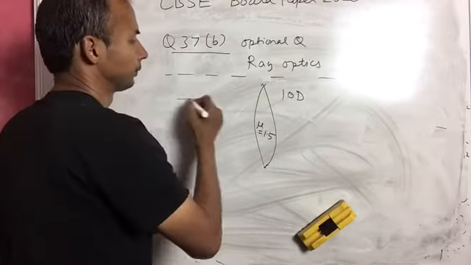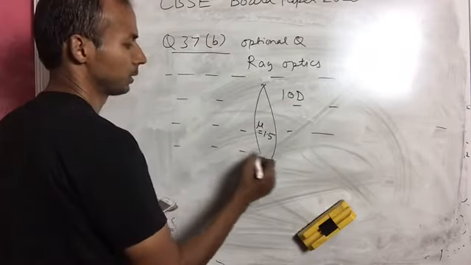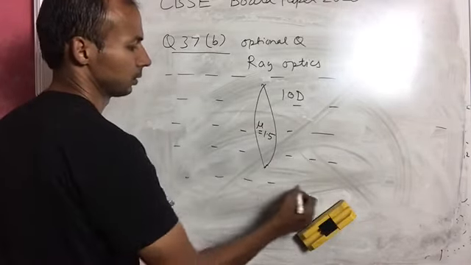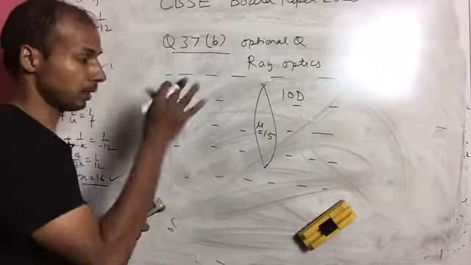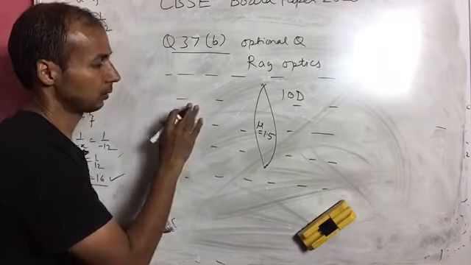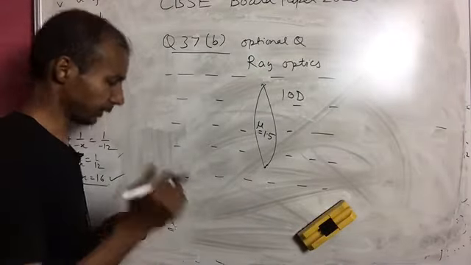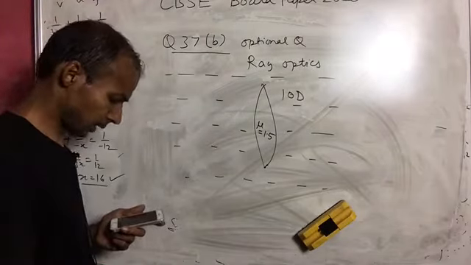This liquid is not water. When it is completely immersed in some liquid, it starts behaving as a diverging lens of focal length 50. Find the refractive index of the liquid.